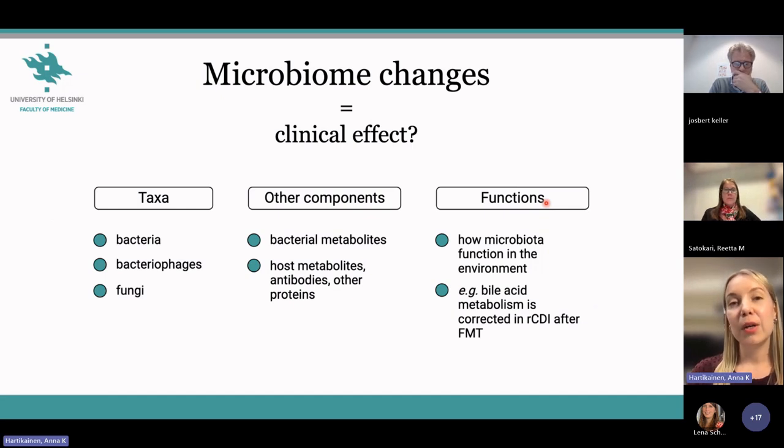So then something about the microbiome changes and the clinical effects. The majority of the studies that have been studying the microbiota changes in FMT have concentrated on bacteria, of course, because that is the majority of the gut microbiota. However, we do know that, for example, bacteriophages, which are viruses of bacteria, and some eukaryotes, for example fungi, are also transferred in FMT, and they might even have an association with the clinical outcomes.